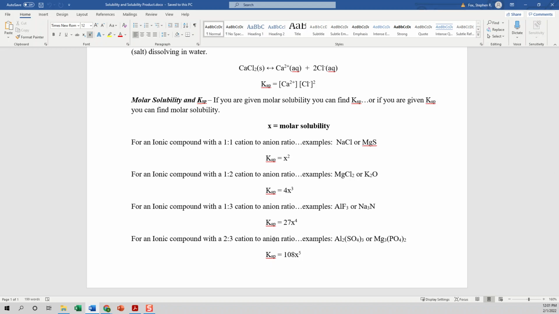And remember, those values will change as temperature changes. So the KSPs change as temperature changes, and so will the molar solubilities. So we're assuming right now we're at some temperature where KSP equals this, then I can calculate molar solubility using one of these shortcuts.